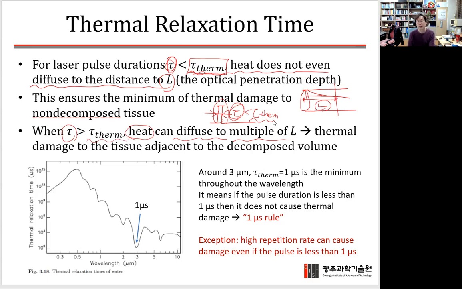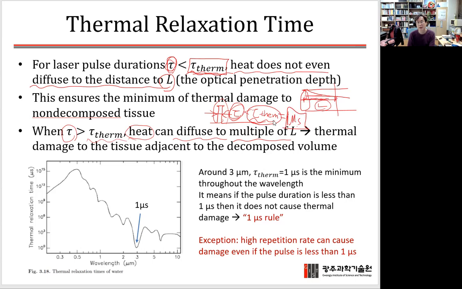And then if you are having the tau therm, let's see. So let's say again, tau therm is 1 microsecond. So if you are giving the laser pulse shorter than 1 microsecond, then the heat will be basically transferred from this point and then moving into this G position.